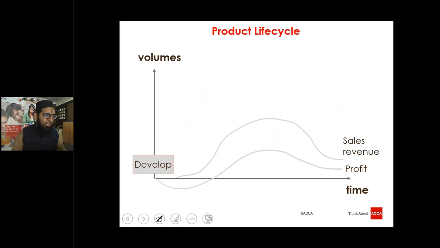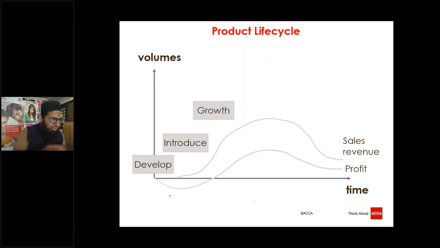First of all, we have a development phase. In the development phase, we generally do research and development. So the product is not launched yet. That means there is no sales revenue and we have a cost-only phase. Then we have an introduction phase in which the product is launched.